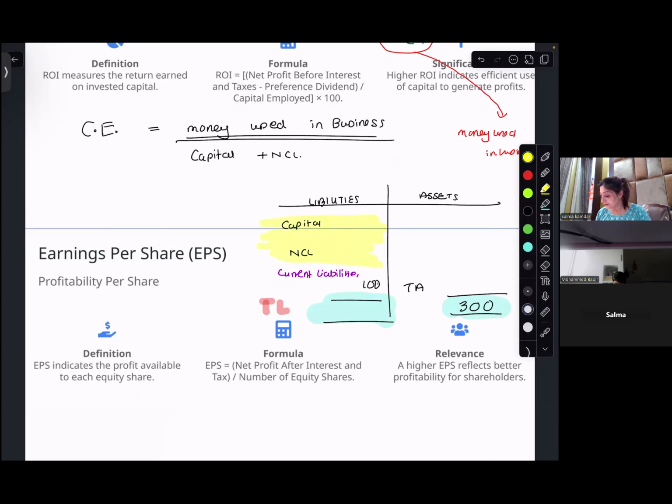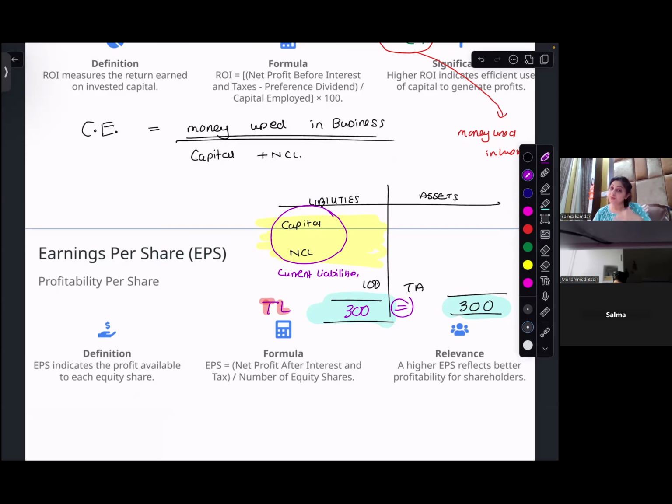What is capital employed? Capital employed is money used in the business. That means the capital plus non-current liabilities. Your total assets is 300, so what will be your total liability? It is 300, because your total assets is always equal to your total liabilities.